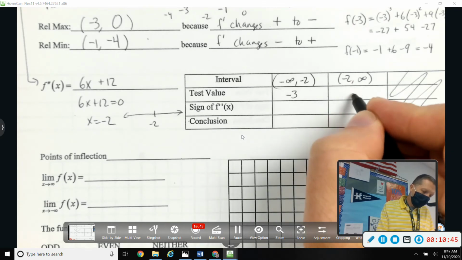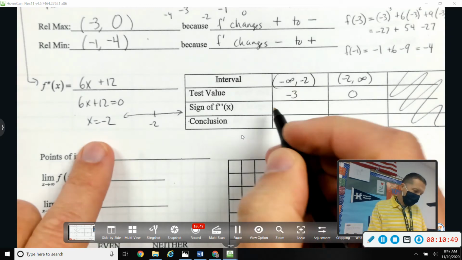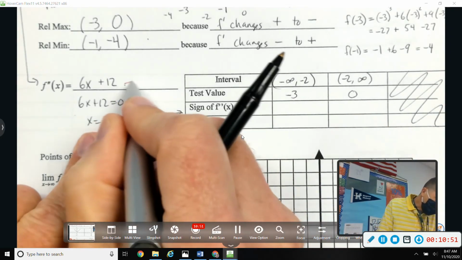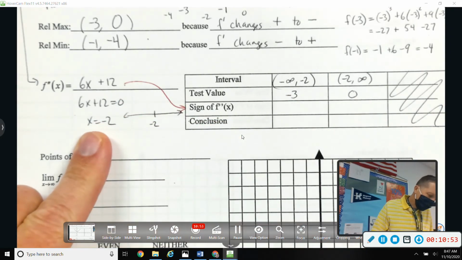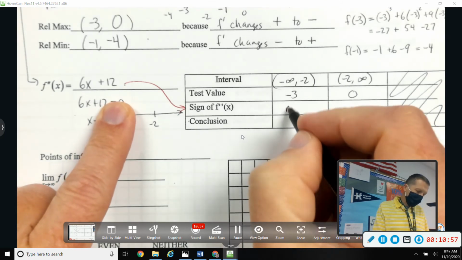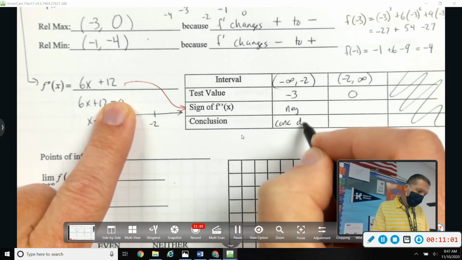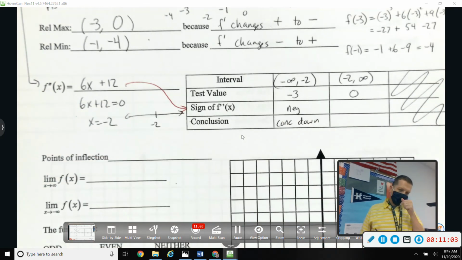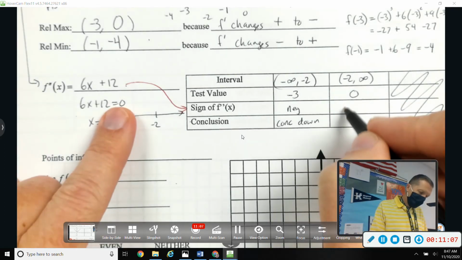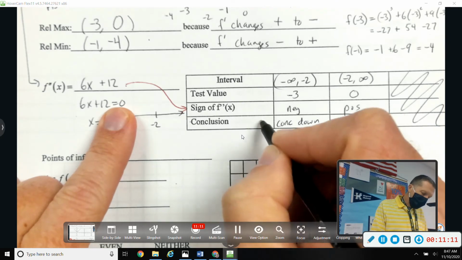Test value on this one, I'd go with 0. Plug those into the second derivative. If I plug in negative 3, I get negative, so f is concave down. Plug in 0, I get positive, so f is concave up.